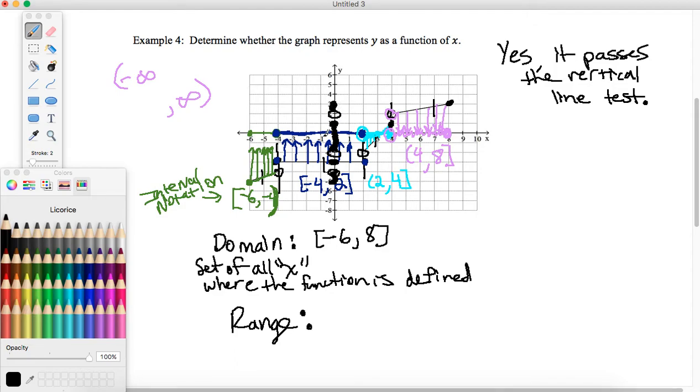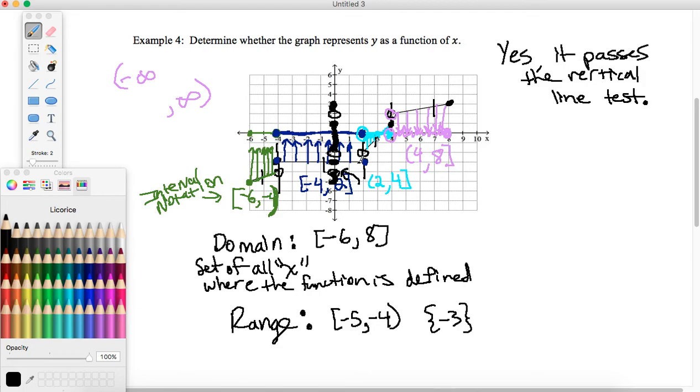If I want to write my range, I'm going to have some steps in my range. I started with a closed circle at -5, so I have -5 to -4. I'm going to have an open circle here, that's the open circle at -4. Then my next set is y equals -3. That's a single point.